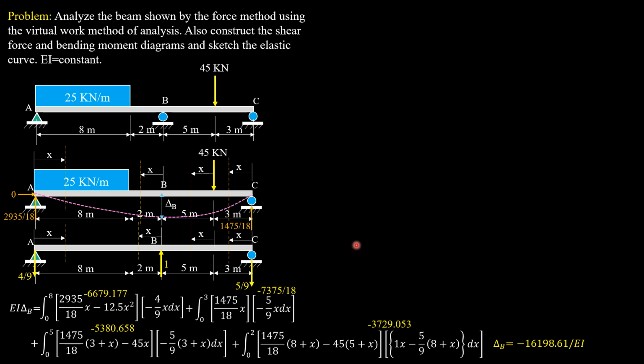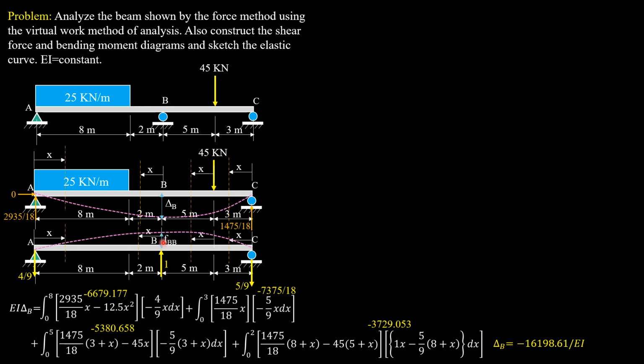In the solution, you may call this directly RB, but because I present the usual or proper way of computing the deflection due to this unit load, we'll just follow this.